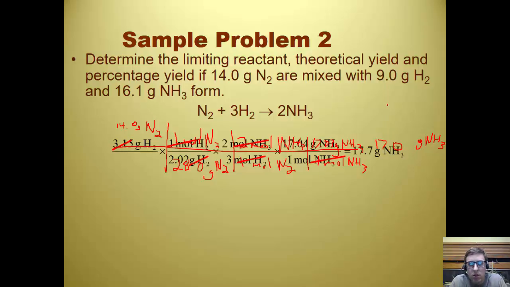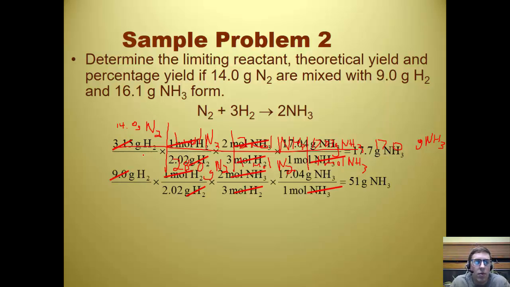And then, don't mind that work. If we do 9 grams of H2, we have 9.0 grams H2. We have 1 mole of H2, 3 moles of H2 to 2 moles of ammonia, 1 mole of NH3 to 17.04 grams of NH3, and we get 51.